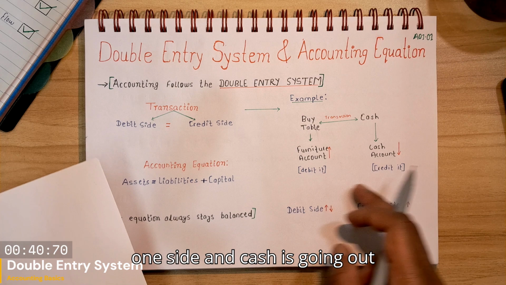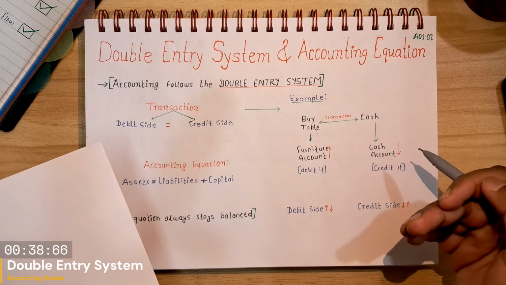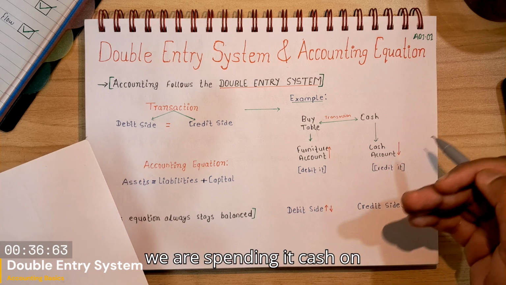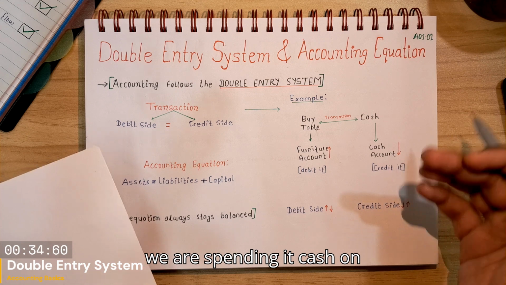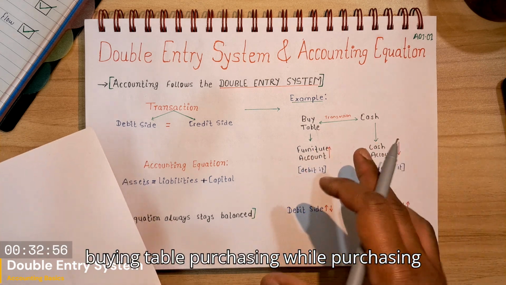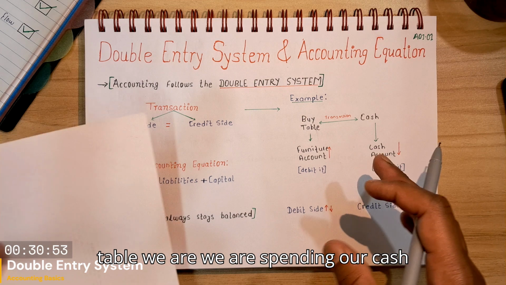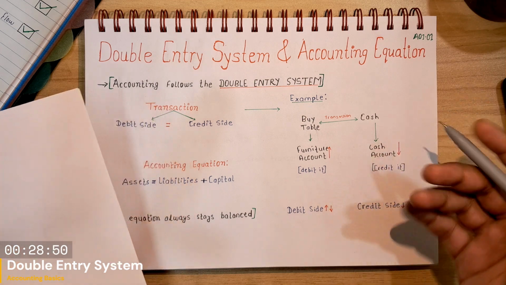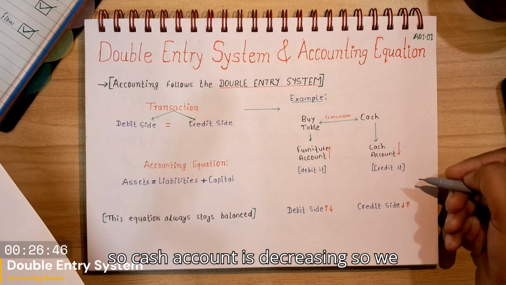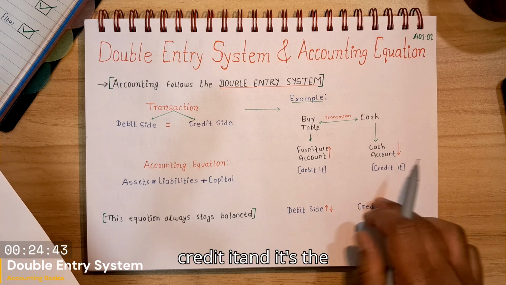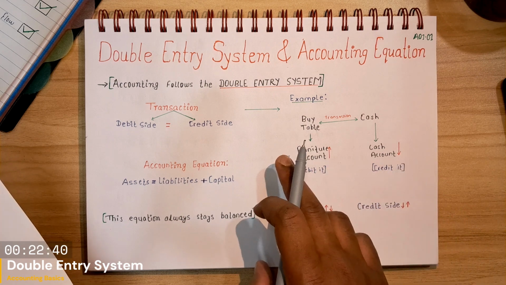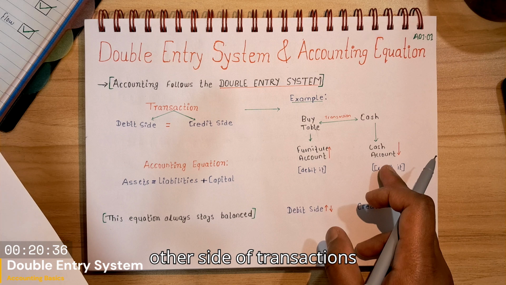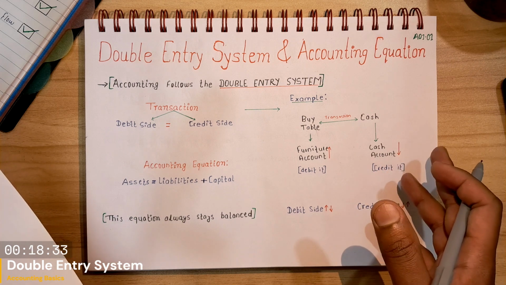And cash is going out. We are spending cash on buying the table, so the cash account is decreasing, so we credit it, and it's the other side of the transaction.